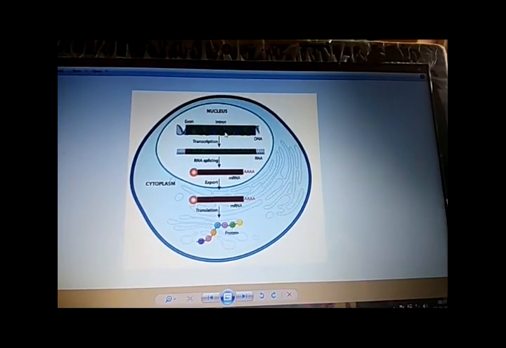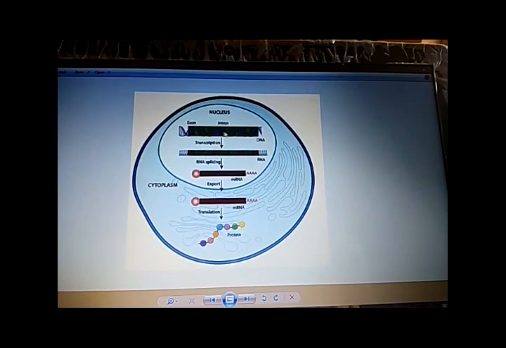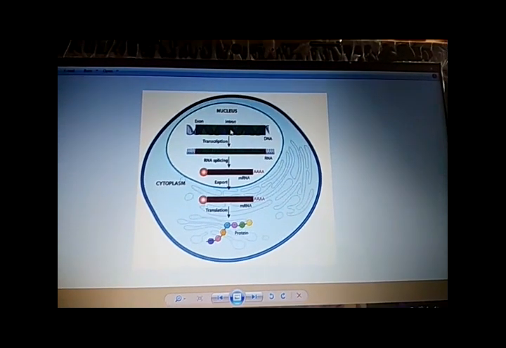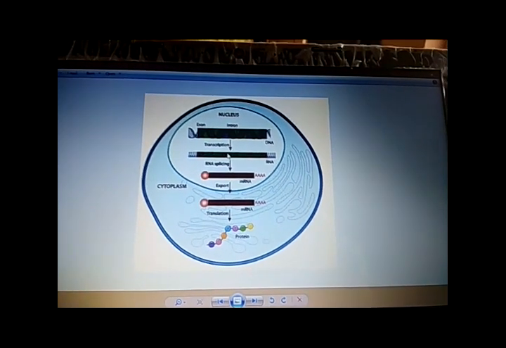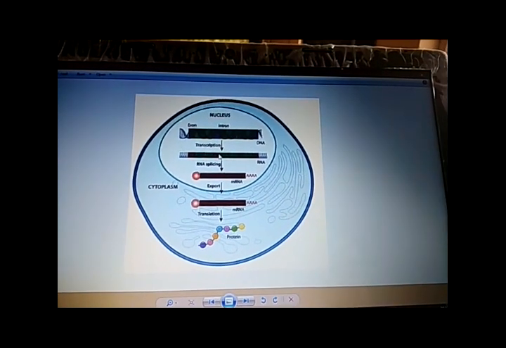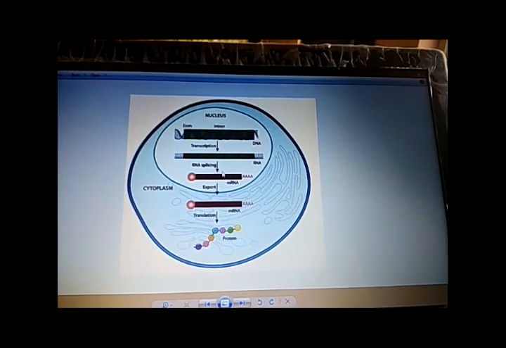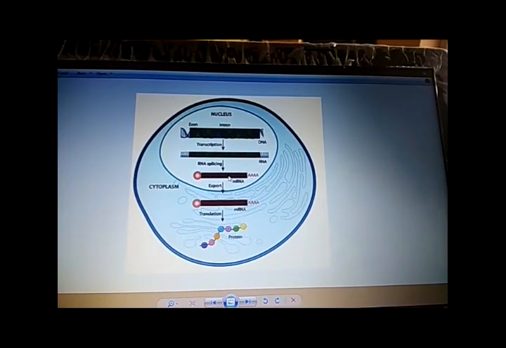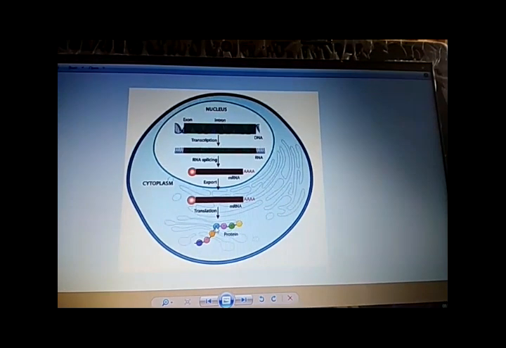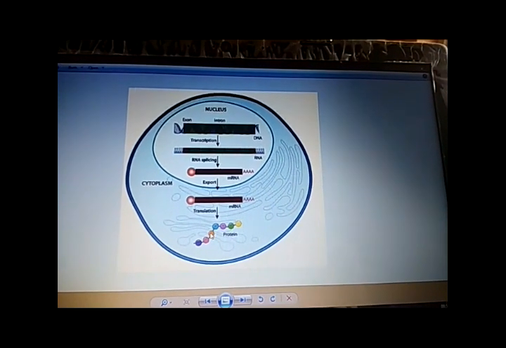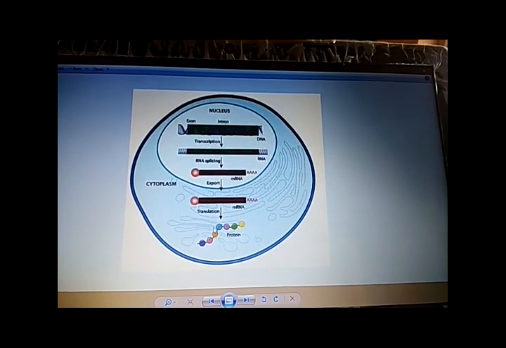The genetic code is stored in DNA in the form of deoxyribonucleotides, which is copied into RNA as ribonucleotides. This RNA directs the synthesis of polypeptides, which is made up of amino acids.